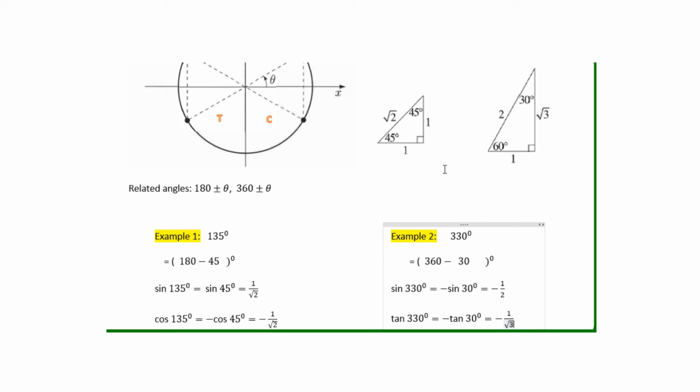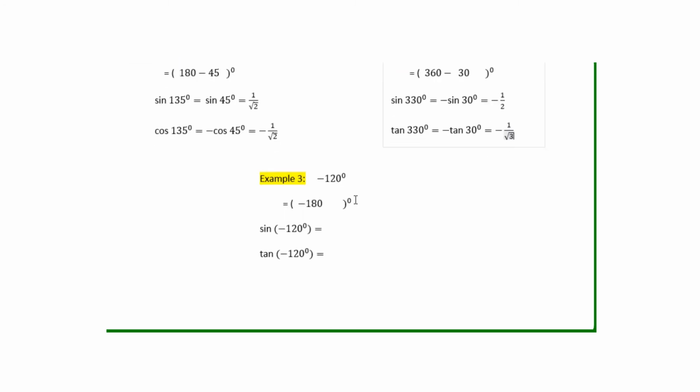How about we go through one more example of a negative angle? Okay, so reminder, a negative angle is an angle going this way, clockwise. So example 3, let's say we have to work out the sine and tan ratio of negative 120, and we know the related angle is 60.